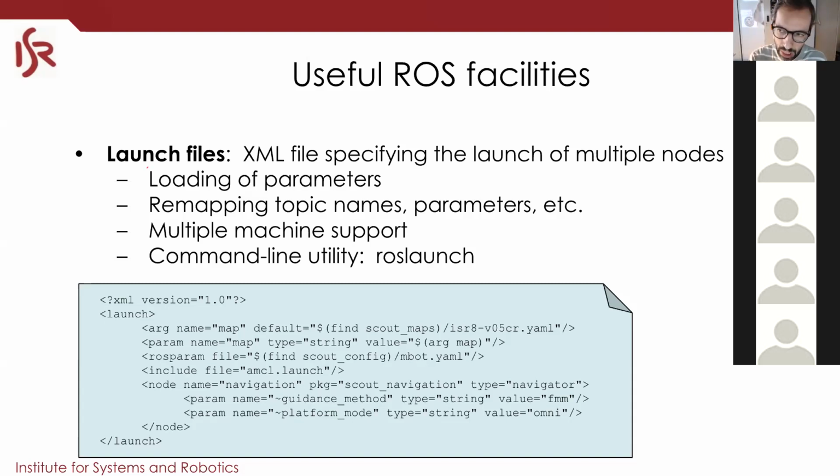When you do a ROS launch, if there is no ROS core running, it will create one for you. So ROS launch will automatically create a ROS master for you, which means that launching a very complicated ROS system is as simple as doing a ROS launch, and it will create everything. It will create ROS core, it will create the drivers, it will create everything for you, okay? So ROS launch is an ultra useful system.